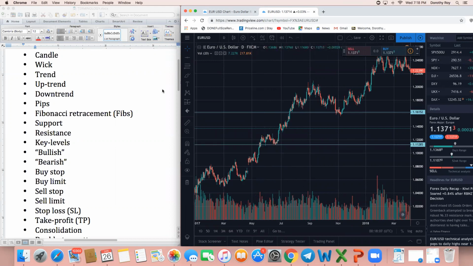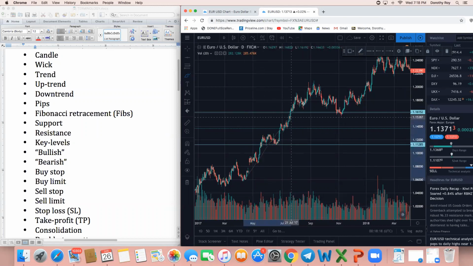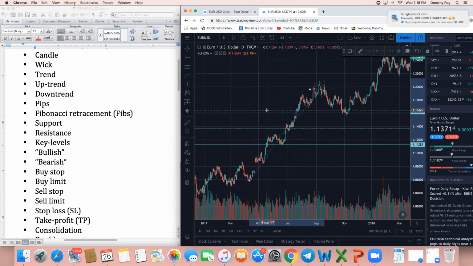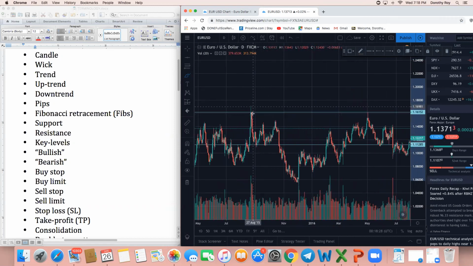Okay, so when I'm talking about bearish and bullish, a bullish move in the market is something that tends to go up. We call that a bullish movement in the market. When we're talking about the market going down, it's considered bearish. So for example, this is called bearish right here.